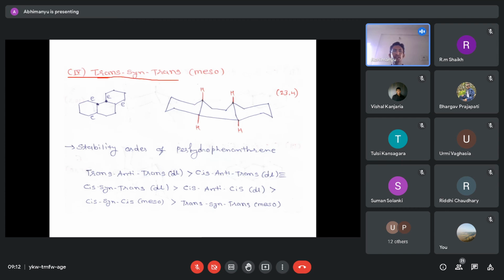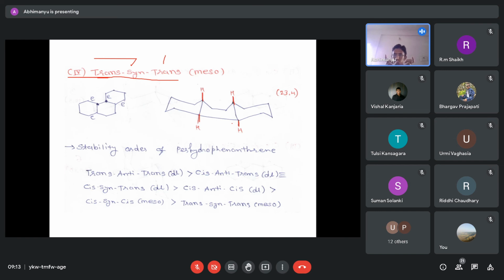Syn and trans. So how is trans: 1 2 and again a trans, 1 axial 2 and syn. It's really difficult. It is actually a puckered structure. Actually the whole structure will be a straight structure.